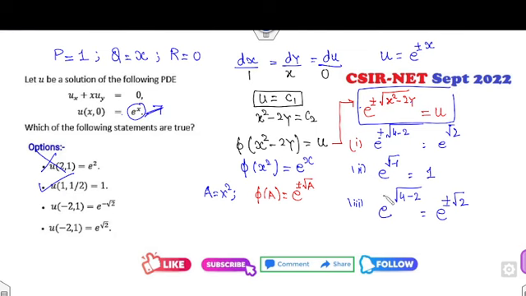So the minus root 2 will be cancelled. The positive one is the right answer. So B and D are my right answers. Clear? It's a plus or minus, but the minus sign is not satisfied by the given condition. Therefore B and D are the required options.